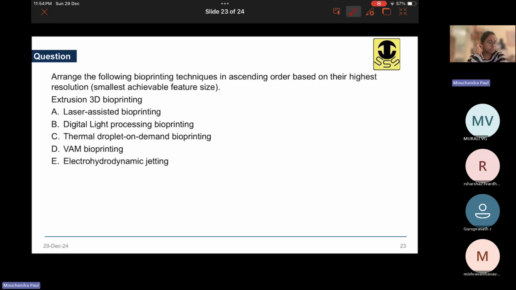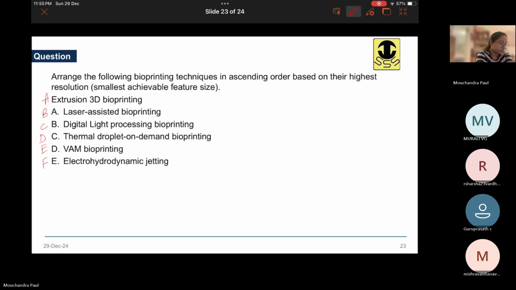Here is the question. Arrange the following bioprinting techniques in ascending order based on their highest resolution. Okay, so these are A, B, C, D, E, F. So these are six techniques that we've already discussed in this course. We have to arrange these techniques based on their resolution.